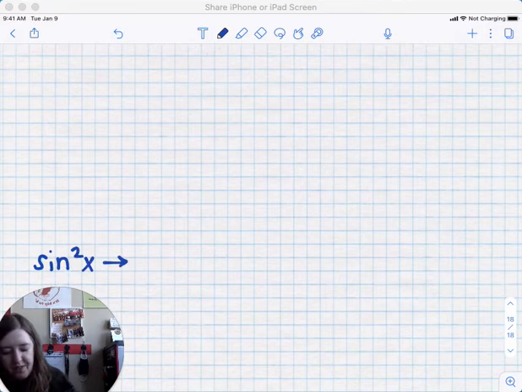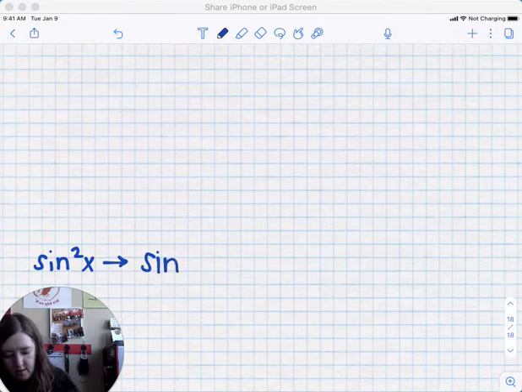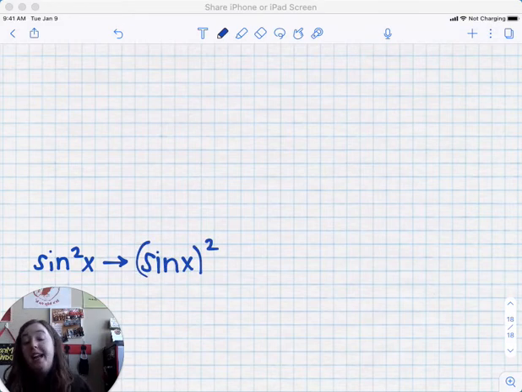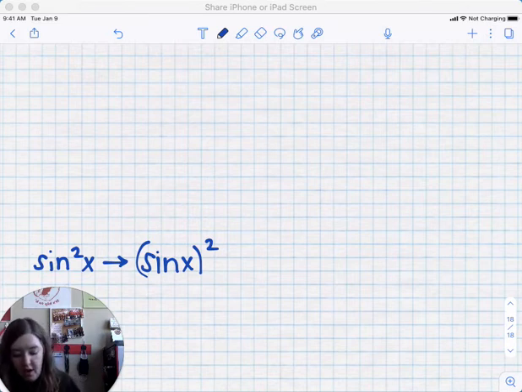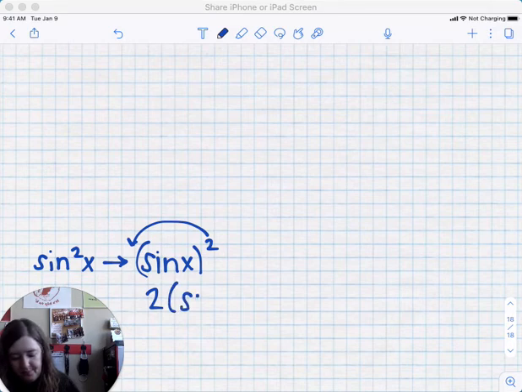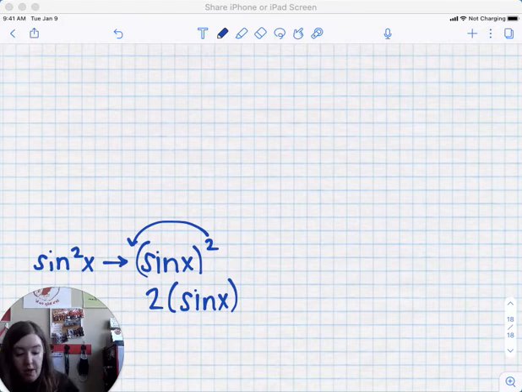It might be helpful to think of that as sine of x squared, because we're going to have to use the chain rule here. Remember that 2 is going to come out front. We'll subtract 1 from the power, so now it's to the first, which is why I don't have anything written. And then we're going to multiply by the derivative of the inside. The derivative of sine is cosine.